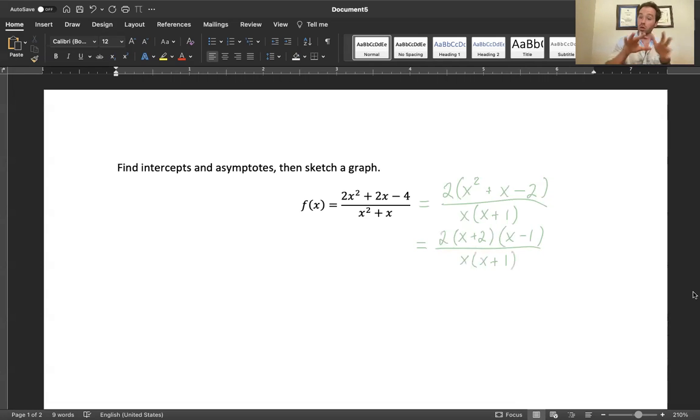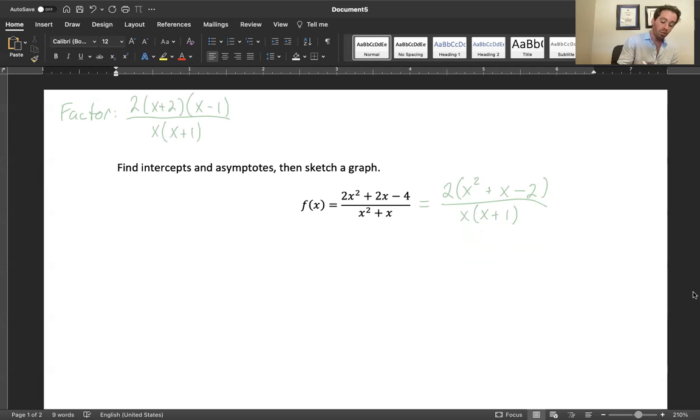Okay, I'm going to need lots of space on the right-hand side, so I'm going to copy that over here. The factorization is 2 times x plus 2 times x minus 1 over x times x plus 1. Remember that if I want to find the asymptotes, the first thing I need to do is look for the zeros that the bottom has, and then inspect those to see if they're shared by the top.